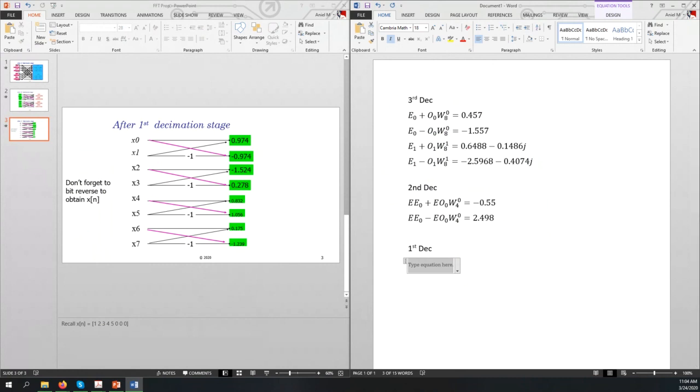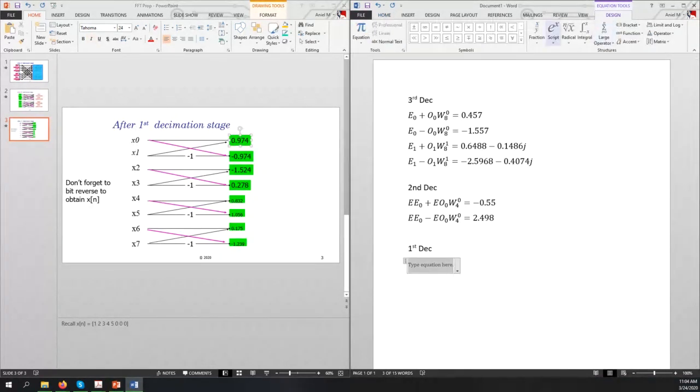Right. So if you watch how the butterfly output is here, we'll see that x0 here goes to this output, 0.974, and x1 here, the addition of the two, will give us this. So x naught plus x1 is equal to 0.974.